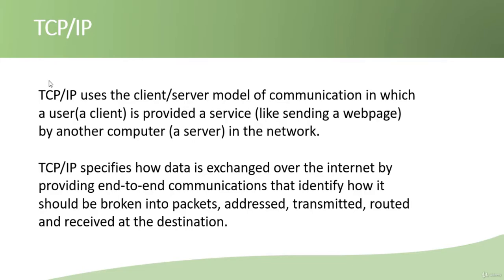Then we transmit these packets to the specified address, where they are received and packed again at the destination. Basically, TCP contains four layers: physical layer, application layer, network layer, and transport layer. We are not going to discuss all these layers in this video. I just want to give you a touch of the TCP and IP protocols.